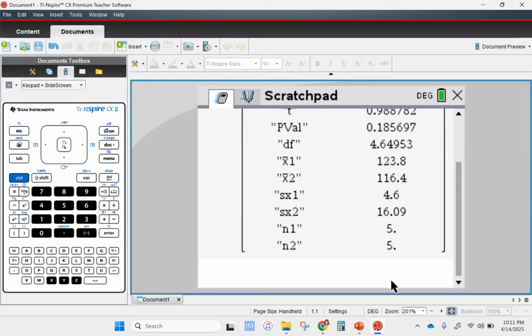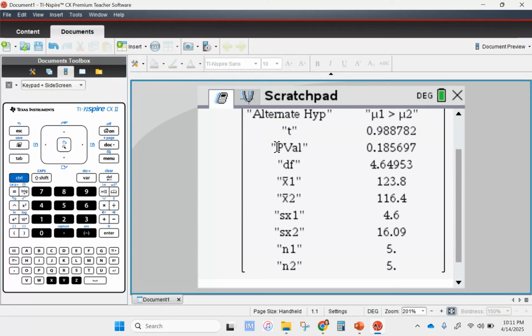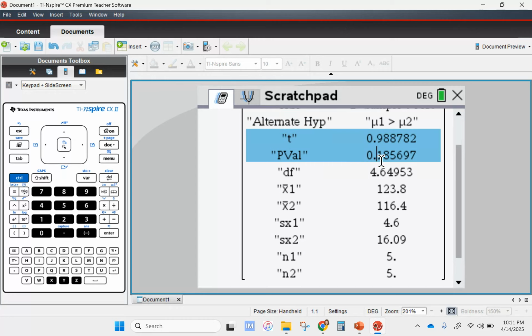I want to make sure to include the t-value, my t-statistic, my p-value, and my degrees of freedom. Hopefully we can see that right up here.